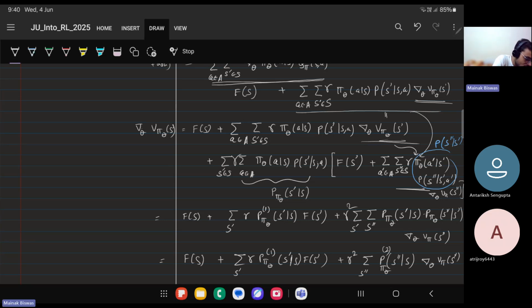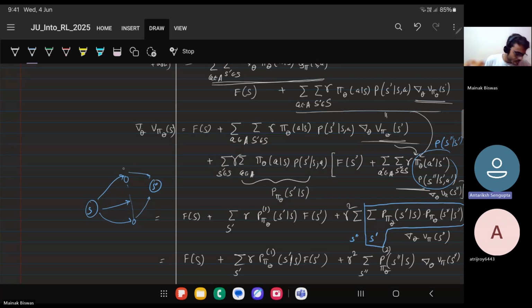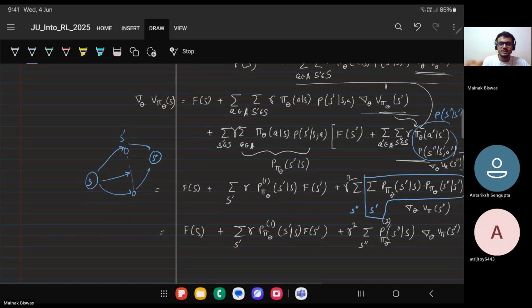If I reorder the summations, the previous summation I write as S double dash and this as S dash. So basically you're taking 2 steps. Yes, two-step probability. Moving to S double dash from state S in 2 steps, S to S double dash. This is through all possible states, isn't it? You just wrote the Bellman 2 times. Yes. We have written the matrix of Markov chain 2 times.